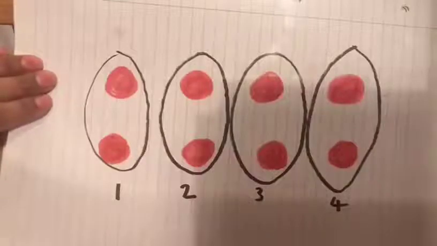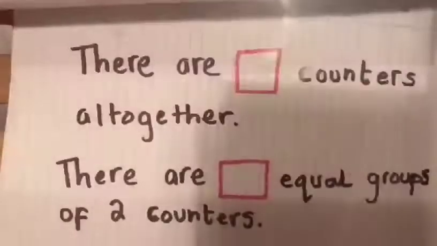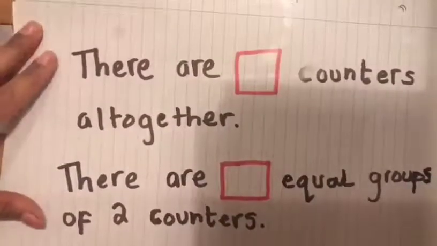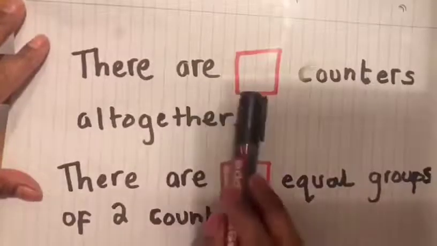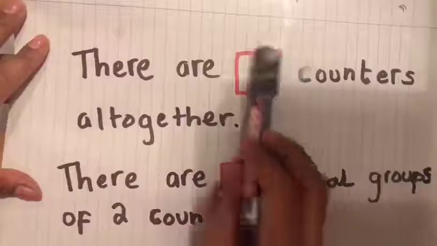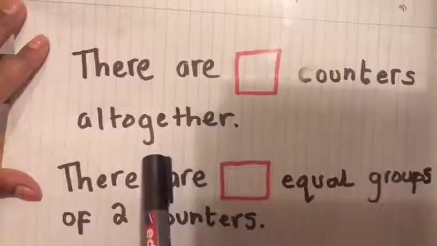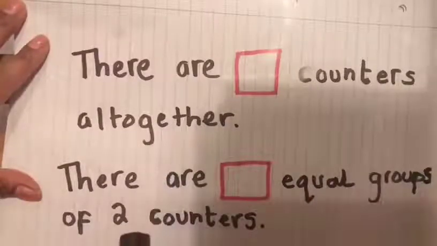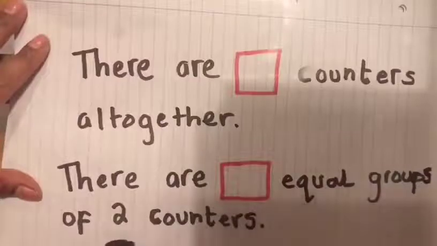So I would like you to pause the video and try and answer this question by completing the 2 sentences. So, how many counters do we have altogether? And how many equal groups of 2 counters do we have?